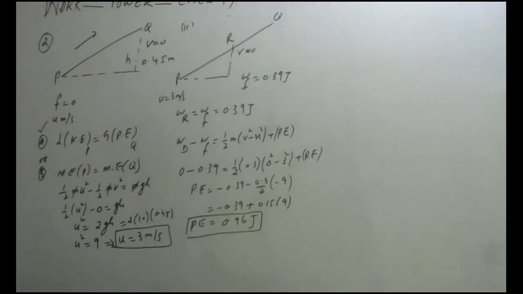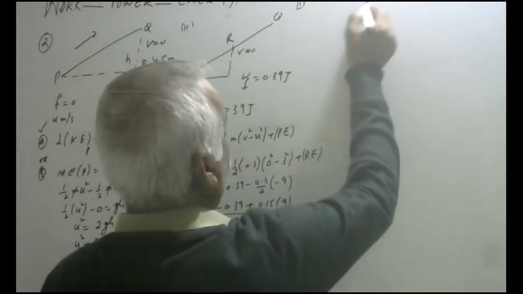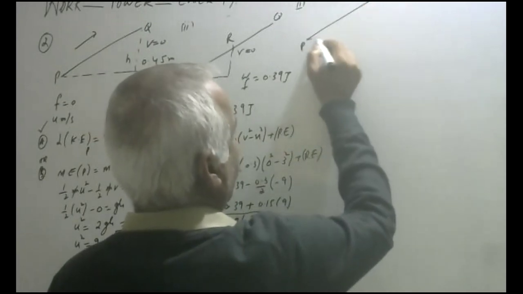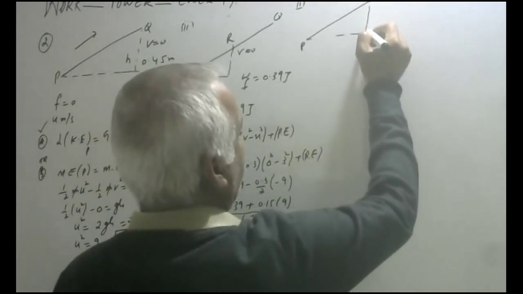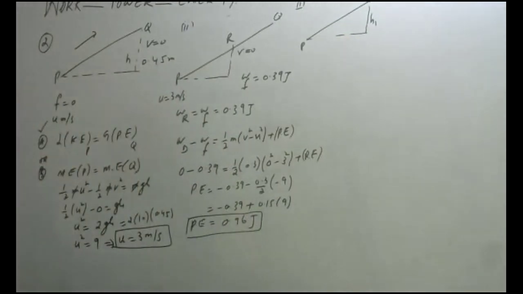In the last part, they are asking to find the height of that particle above P when it just reaches the point R. So let's say this is point P, this is point R, and it is at a height of h1 meter above the level of P. And we know that the potential energy from P to R is equal to 0.96.